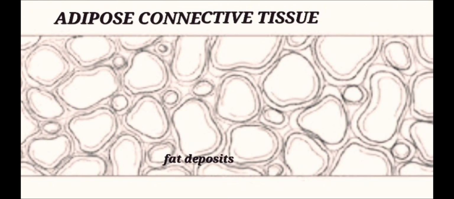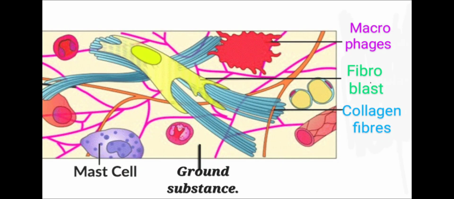This is generally present beneath the dermis layer of the skin. Coming next is the reticulate connective tissue, which is quite similar to areolar tissue but consisting of only reticular fibers and supports certain structures in the body.